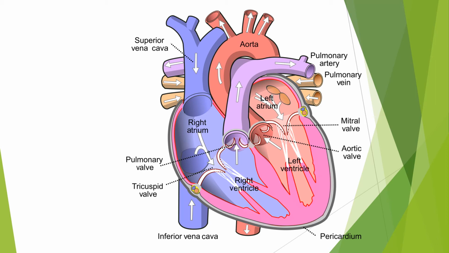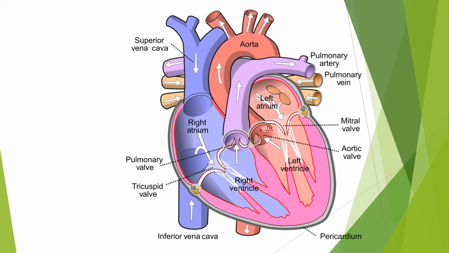From the left ventricle starts the aorta, which is the main vessel taking the blood out to the whole body.